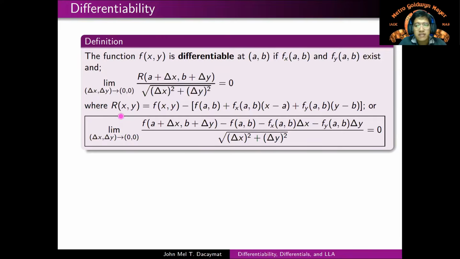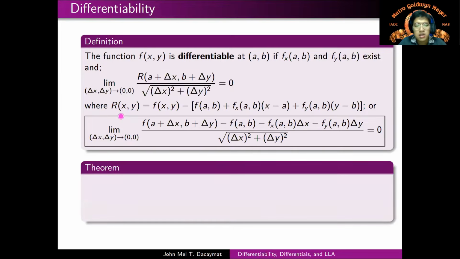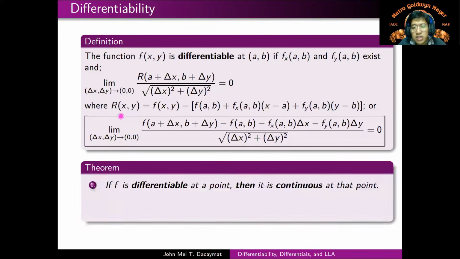And aside from your definition, you also talk about two important facts about differentiability. First, if f is differentiable at a specific point, then it automatically happens that f is continuous at that particular point, similar to your single variable function. This is very good because this tells us that once my f happens to be not continuous at a point, then it will automatically make my f not differentiable at a point.